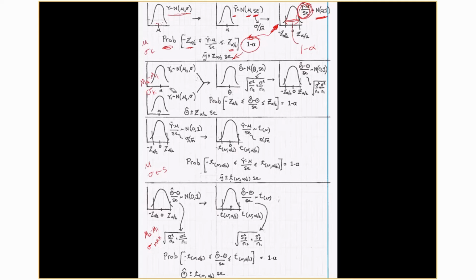In the second scenario, we're interested in getting a 95% confidence interval on our estimate of the difference between 2 population means when the standard deviation is the same for the 2 populations and it's known. So we're going to start here with our two populations, y2, y1. They're normally distributed. They've got different means.